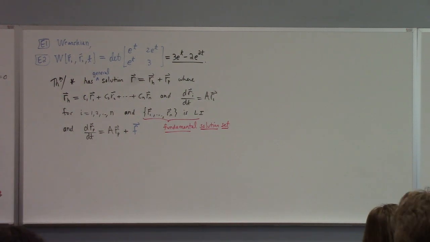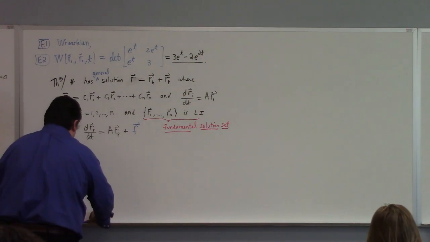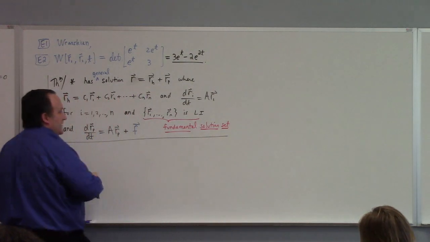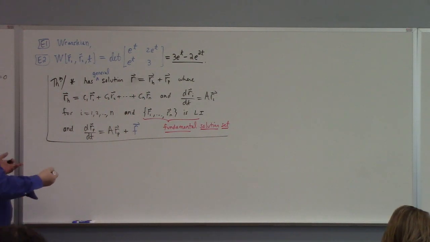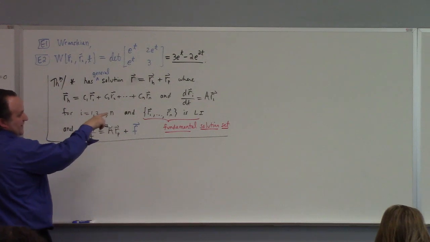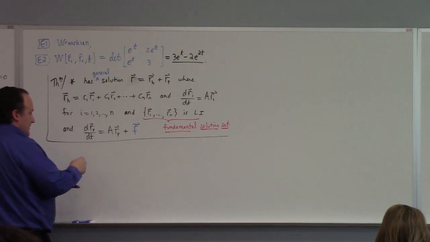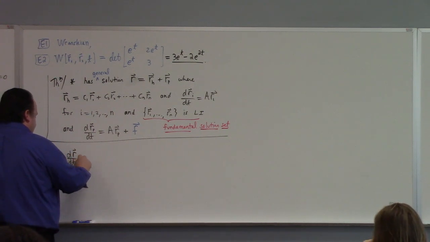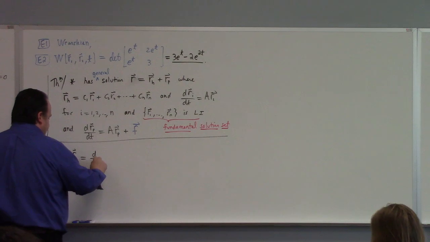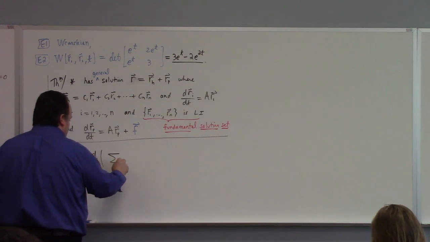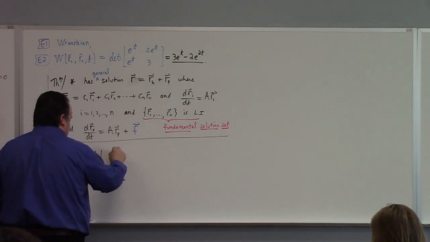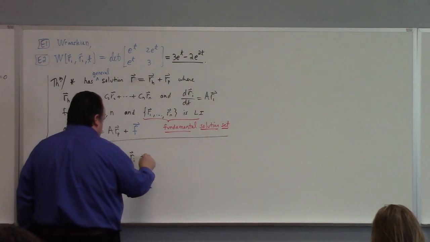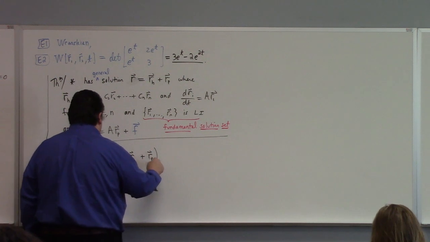Now, I'm not going to prove this theorem because that's not what this course is really about. But we're going to learn how to use it. I will give you a partial proof. Check this out. If you assume that we have these n homogeneous solutions, right? And I look at dR/dt as d/dt of my sum, i equals 1 to n of c_i R_i, so that's my homogeneous part of the solution, plus R_P, right?